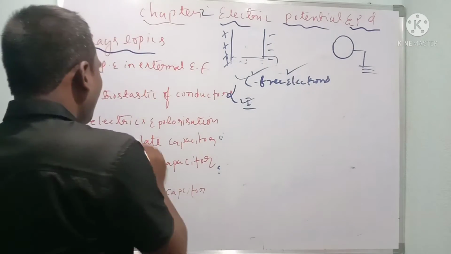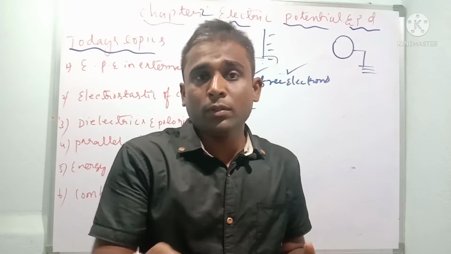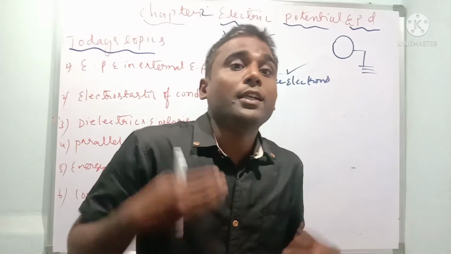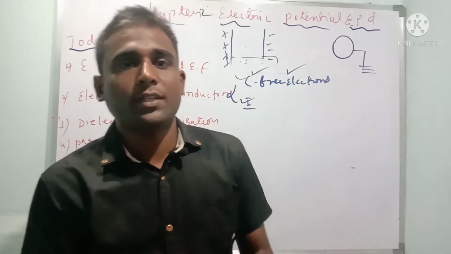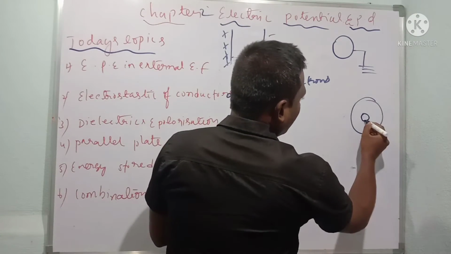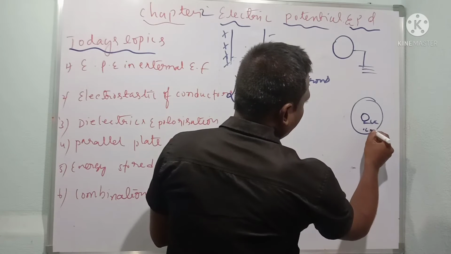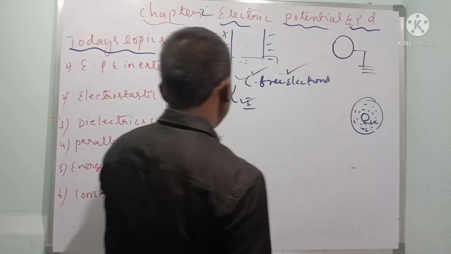Why I am telling this is that we are going to discuss dielectrics and polarization. So what are dielectrics? Children, insulators, as I told you, do not conduct electric current, but we can make them conduct. How? Let us understand. Let us consider an atom, with the conduction band and the valence band, and electrons revolving.